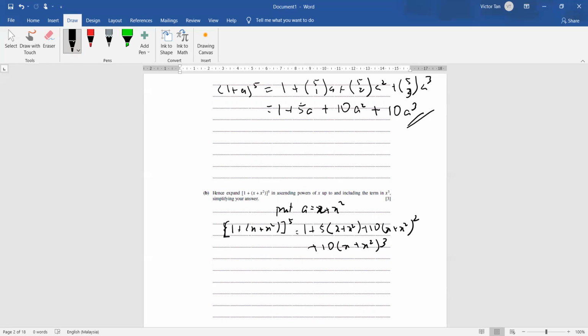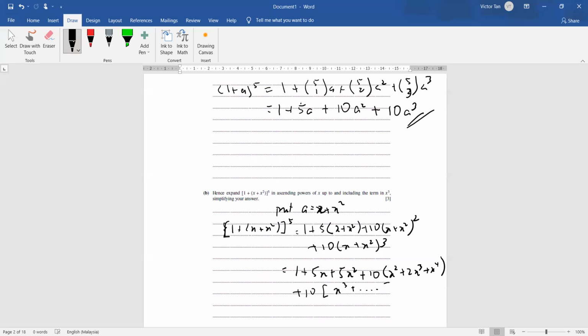Now they want it up to x cubed, so I'm going to disregard the powers that are higher than x cubed. 1 plus 5x plus 5x squared plus 10x squared plus 20x cubed plus 10x cubed.